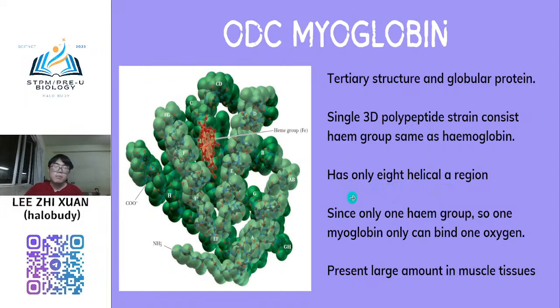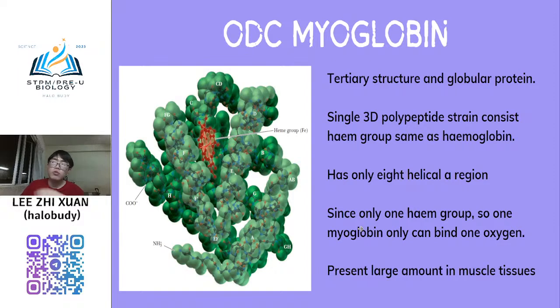The 3D shape is made from 8 helical regions. If you still remember what helical folding is from the secondary structure you learned in semester 1, the 3D shape is contributed by the 8 helices. And with only 1 heme group, 1 myoglobin can only bind 1 oxygen.